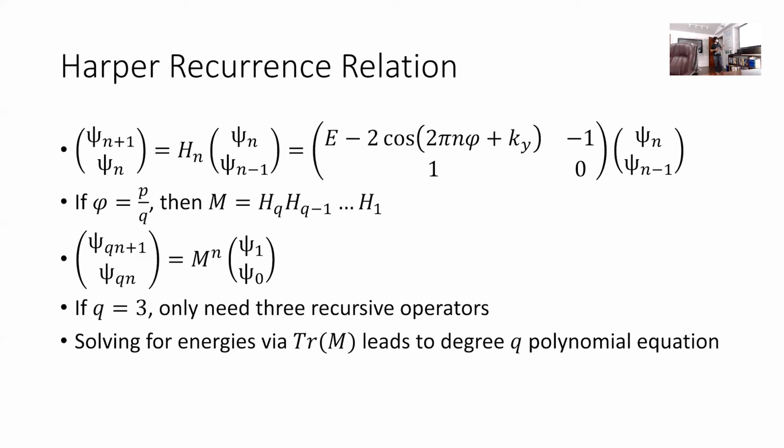And if we consider rational values of phi, it turns out that if you have q values, then you only need q operators to bring you to the next state.